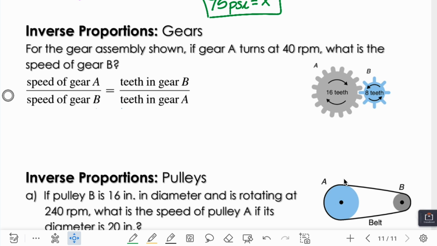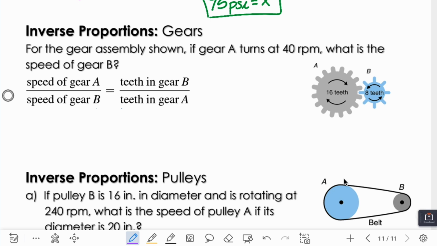So as you increase the teeth, the speed of the gear slows down. And part of that's because, as you can see in our picture here, the gear has to be bigger in order to have more teeth and then still be able to fit up with smaller gears. So you have the speed of gear A over the speed of gear B is equal to the number of teeth in gear B over the teeth in gear A.